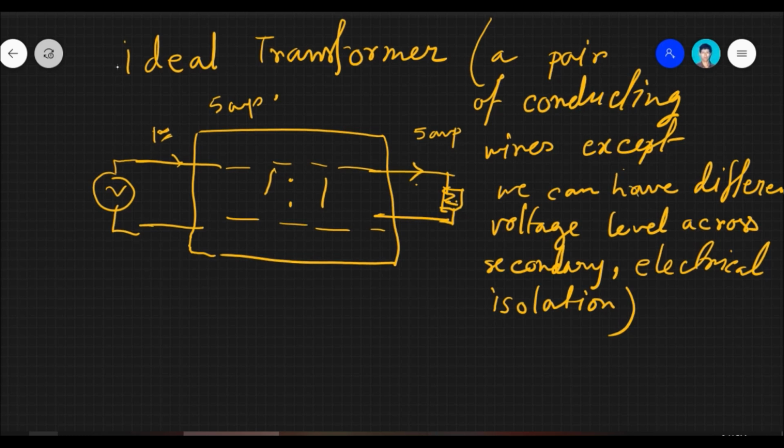Whatever power factor you connect across the secondary side, you will get the same power factor across your load. But in a 1:1 transformer, in addition, you are having electrical isolation. It is not connected. There are coils, but they are not connected.